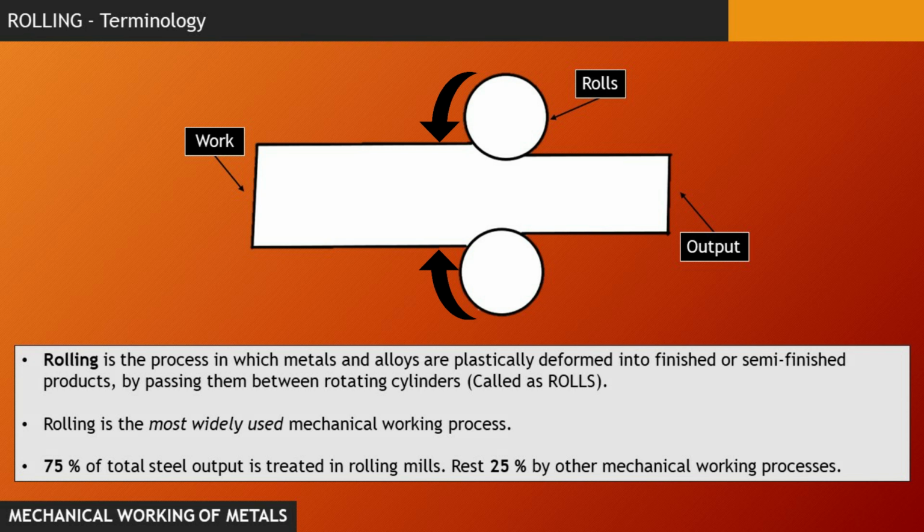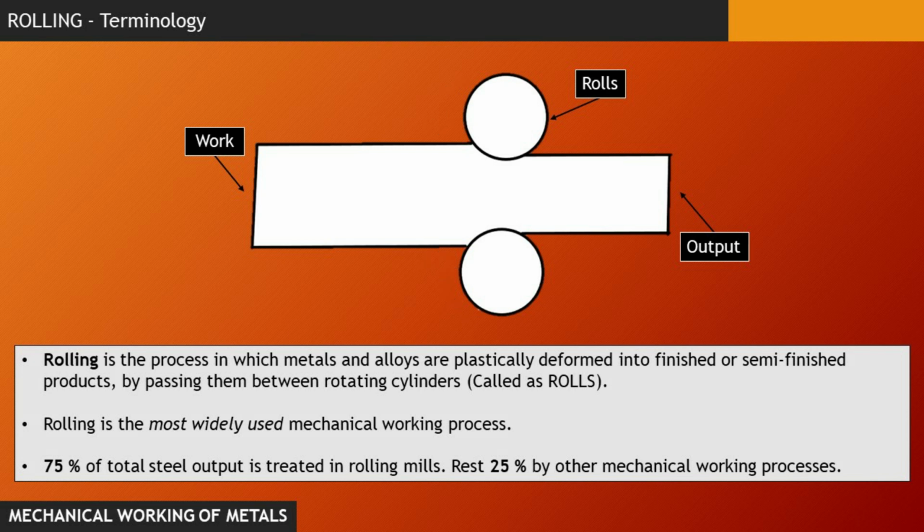The rolling process is the most widely used mechanical working process. About 75% of total steel output is treated in rolling mills. The remaining 25% is done by other mechanical working processes like extrusion, drawing, etc.